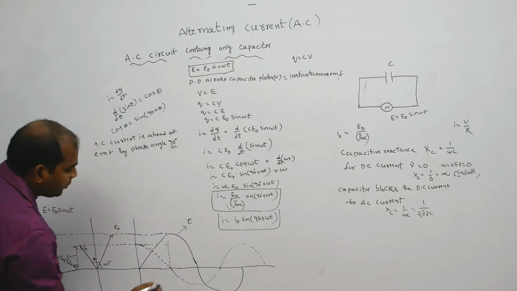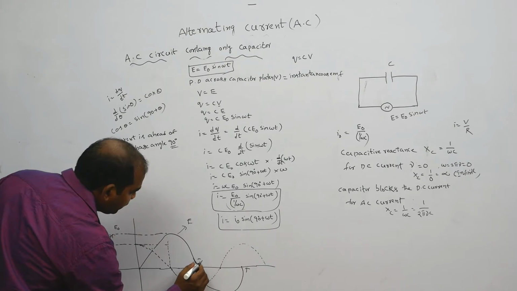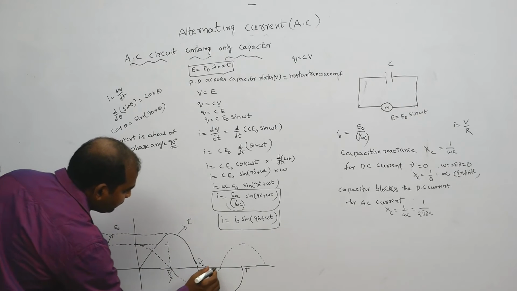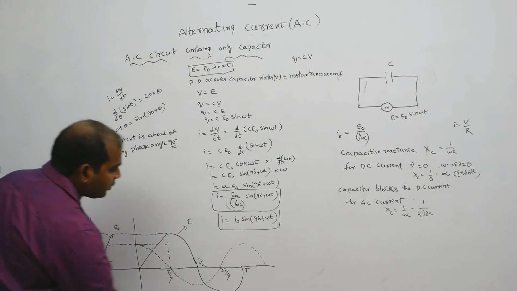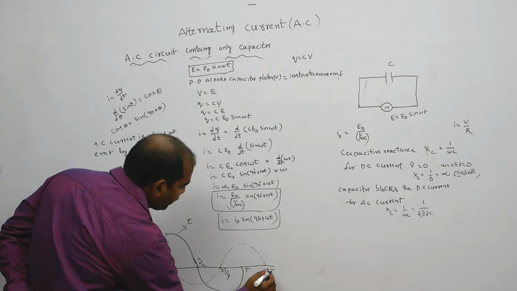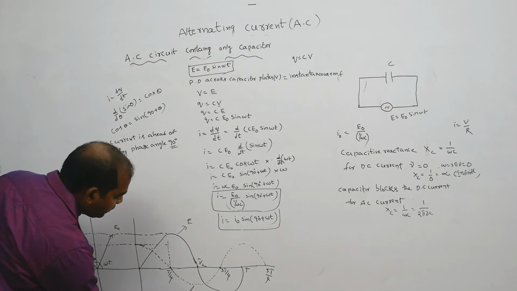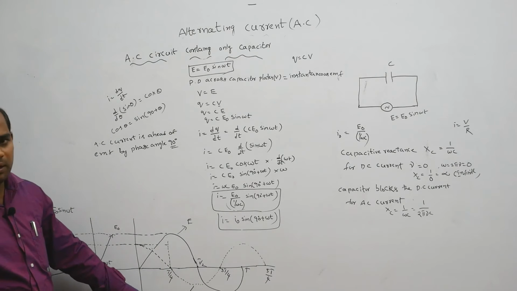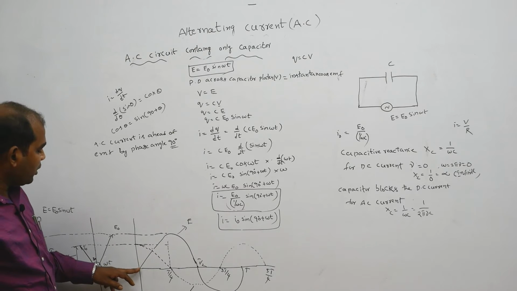Let's see the diagram here. The total time is capital T. Here T by 2, here T by 4, this is 3T by 4, here 5T by 4. This is the EMF curve. The dotted curve gives the AC current I. The EMF curve starts from 0 here.